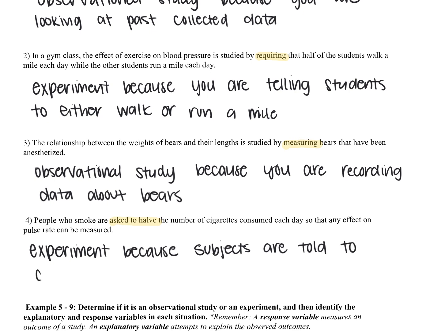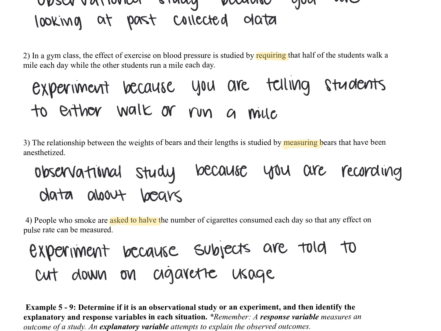Subjects are told to cut down on cigarette usage. Now, for the two that were experiments here, we'll talk more in section 4 about whether or not these were poorly or well-designed experiments.